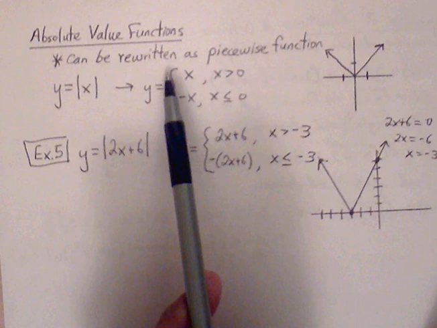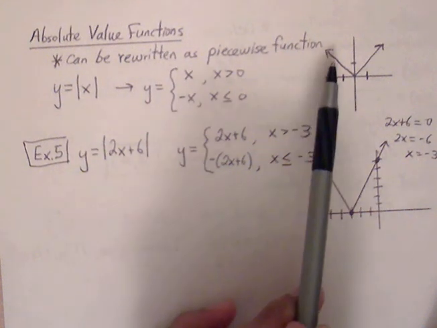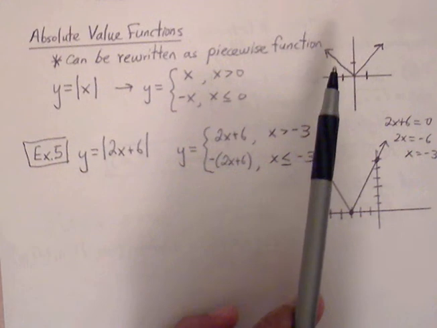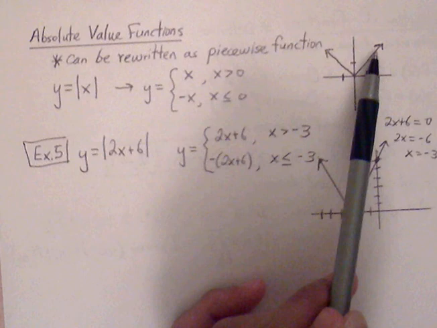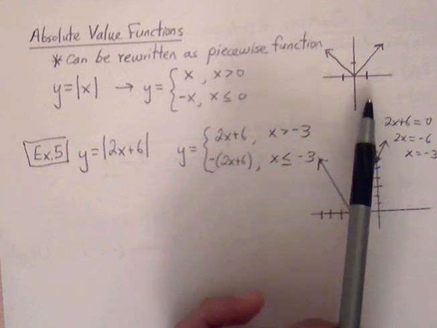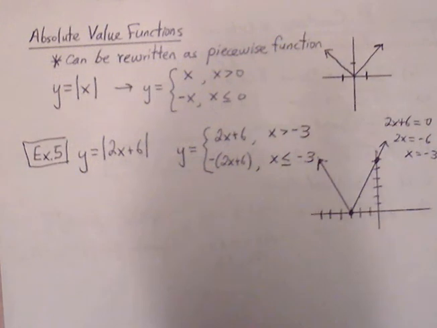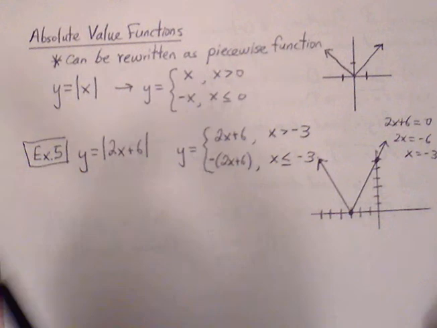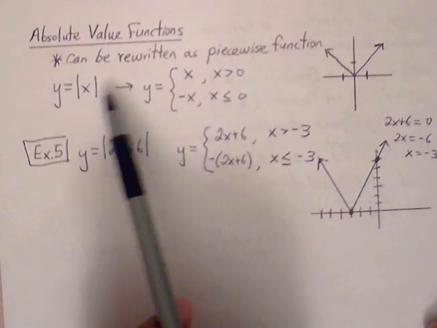Piecewise absolute value functions always have the shape of a V, either right side up or upside down, but it's always the combination of two linear graphs put together. So the first piecewise function is going to be the original x, the original term inside the absolute value, where x is greater than or equal to 0.